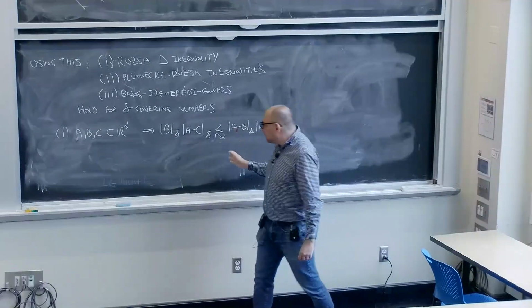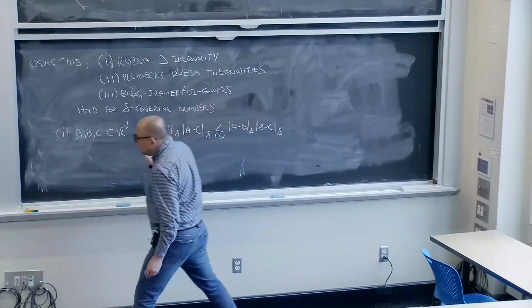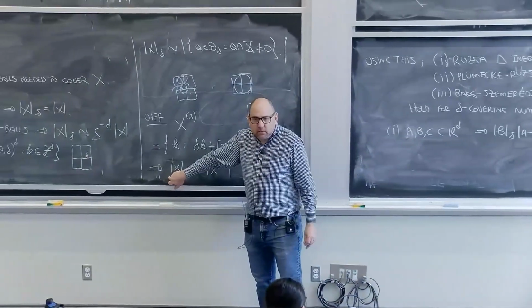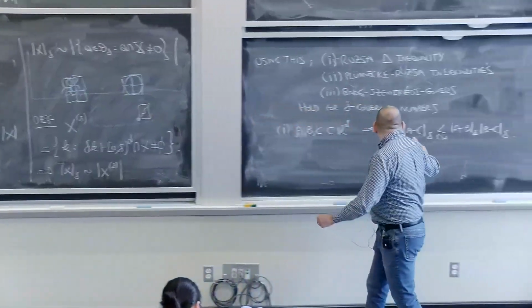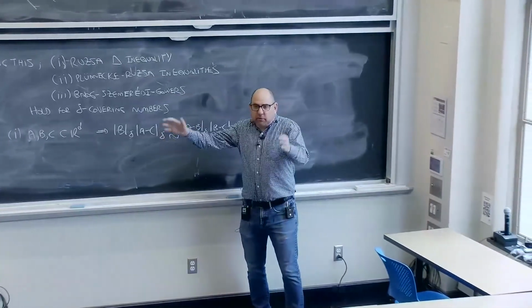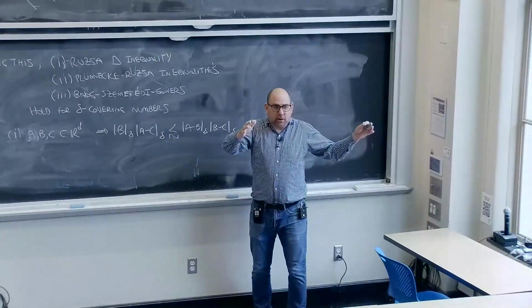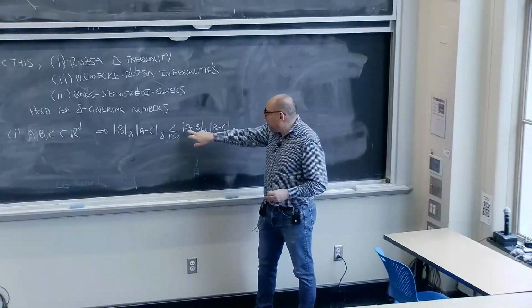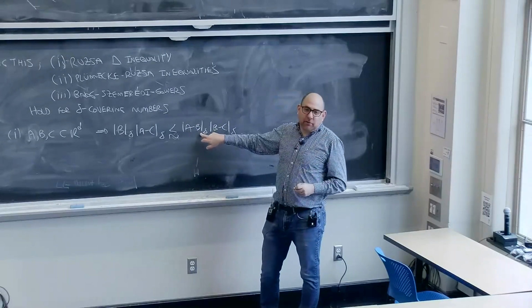And how do you prove this? Well, you snap it to the grid. You have to be a little bit careful, because you can snap A to the grid, you can snap B to the grid, and then you can take A minus B for the snapped versions, and that's not going to be exactly the same as snapping A minus B to the grid.